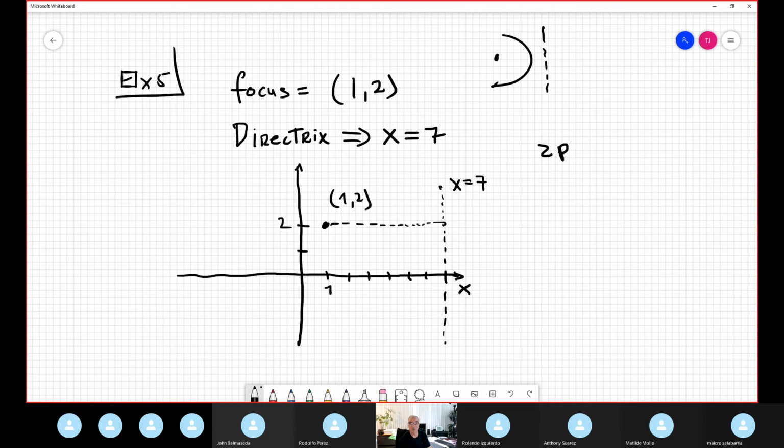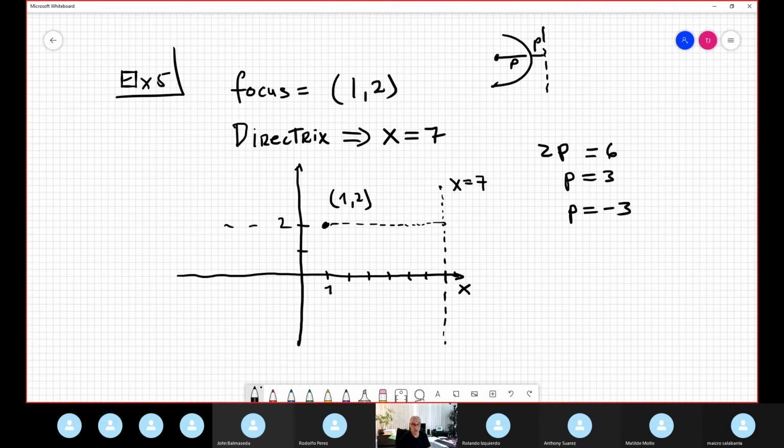Okay, and this distance is p, I know. And this distance is also p. So p plus p is 2p, and 2p is 6. Where does this 6 come from? 7 minus 1, no? You don't care about the y value; the y value gives me this component. So p is actually 3, but not 3, it is negative 3, because I know this parabola opens in that direction. Now, this is my directrix.